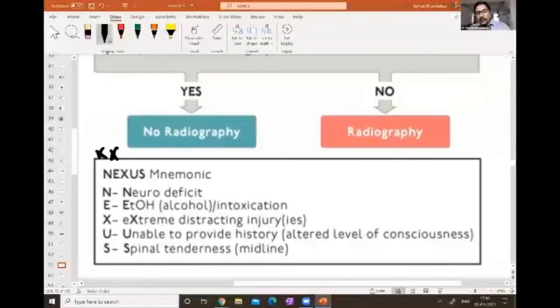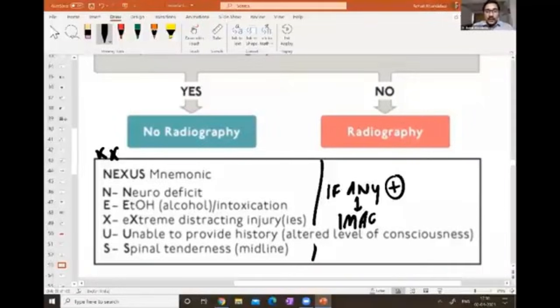This you need to remember. If any sign is present, we will image the cervical spine. Even if a single one of these signs is present, you have to image the cervical spine, and that is important for the exam.